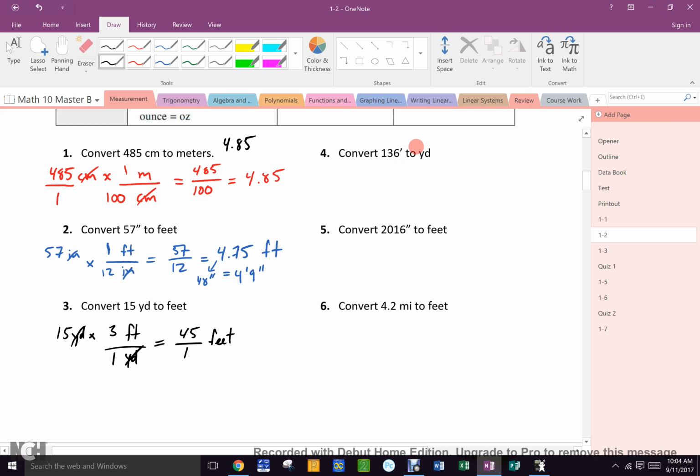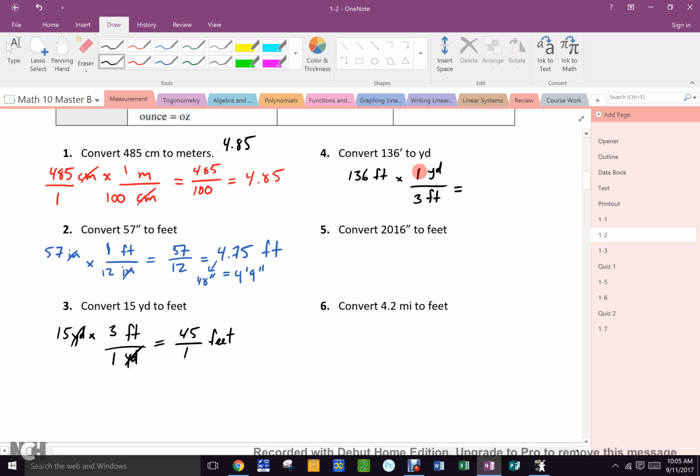136 feet to yards. So I got 136 feet. Now I want yards, so it's in the numerator spot. Feet is in the bottom. We know 3 feet is 1 yard. Now you should already be seeing a shortcut here, yes? When the 1 is on the bottom, what math did we do? Multiply.